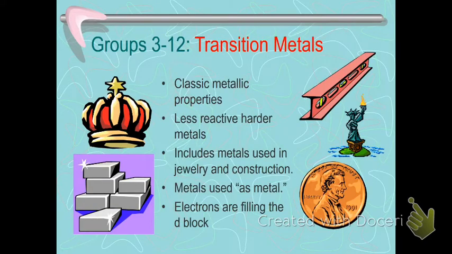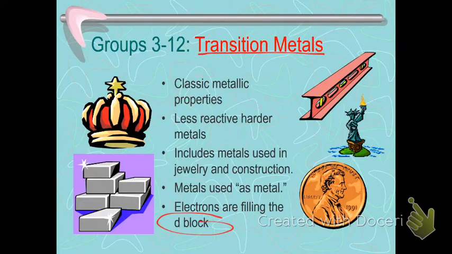The transition metals are the next group we're going to talk about, and those are in the d block. It's groups 3 through 12. They have your classic metallic properties that you're used to thinking of when you think metals. I'm sure when I said that sodium and the group 1 metals were soft enough to cut with a knife, you wondered how it can be a metal. But it is. The classic metal properties are the ones we think about, like conductivity and shininess, also called luster.